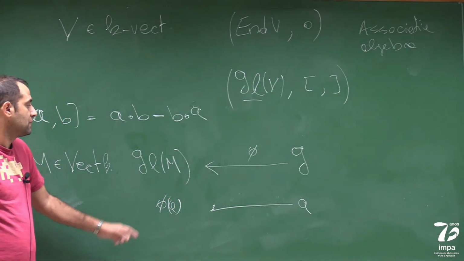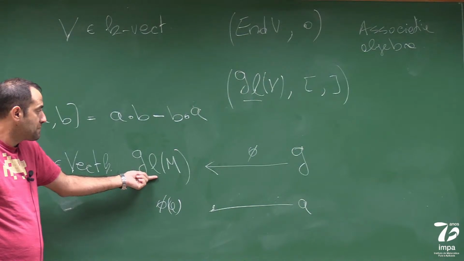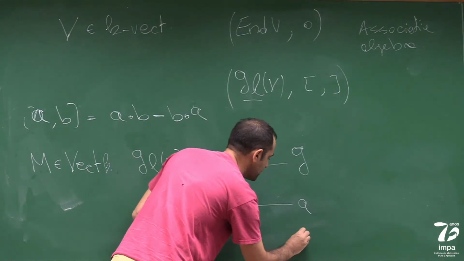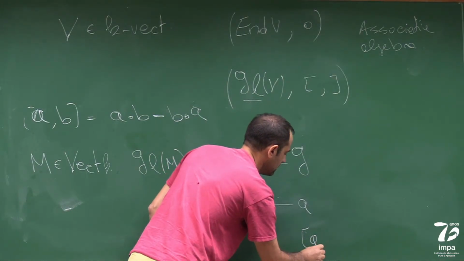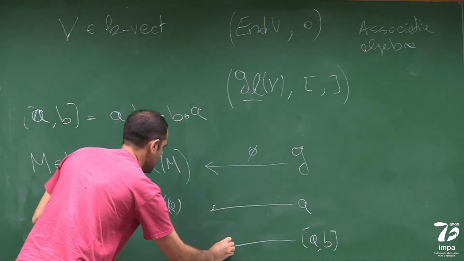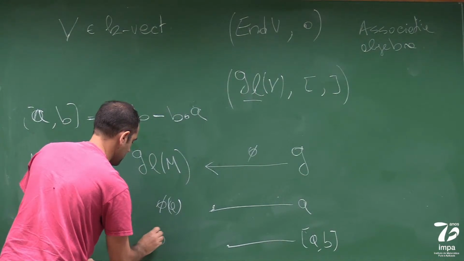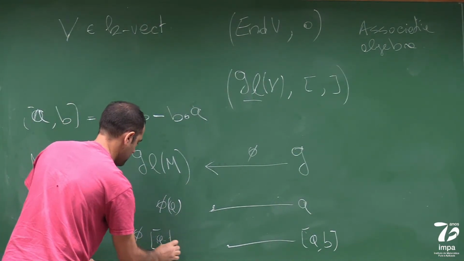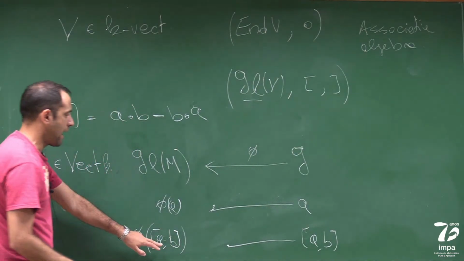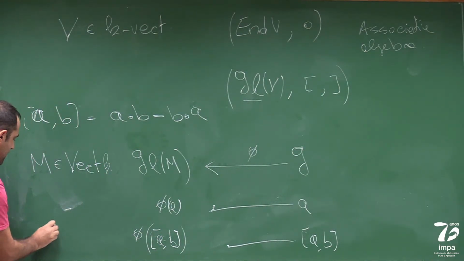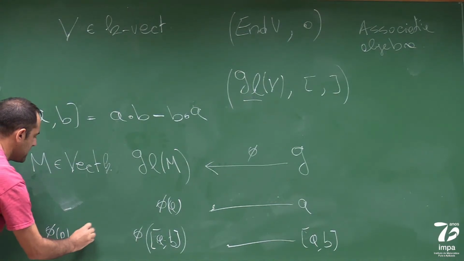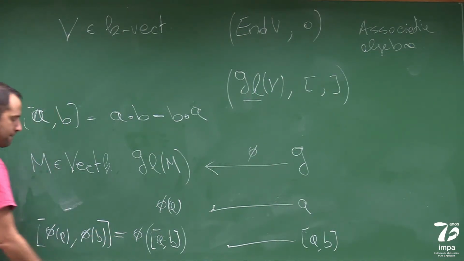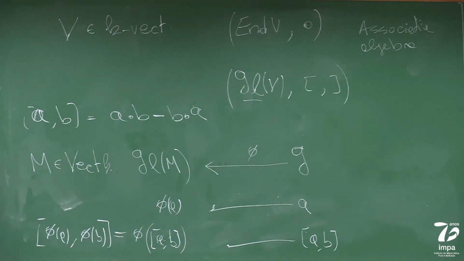And as any algebra, this is a space with a multiplication, and this is a space with a multiplication. So I should send the multiplication to the multiplication. However, I could have taken phi of A, phi of B, and I could have multiplied them on this Lie algebra.